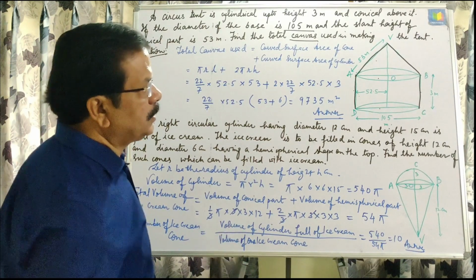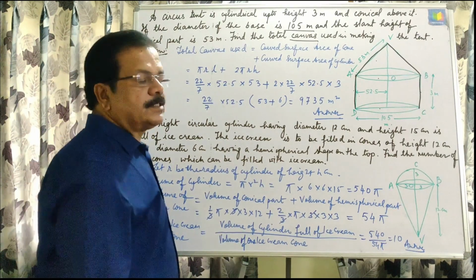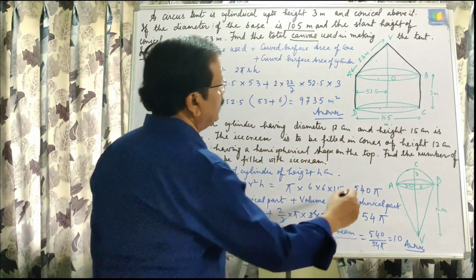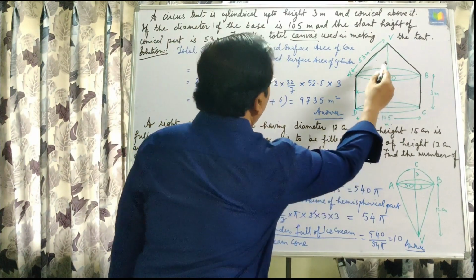And in this question, two solids are combined, cylinder and cone.